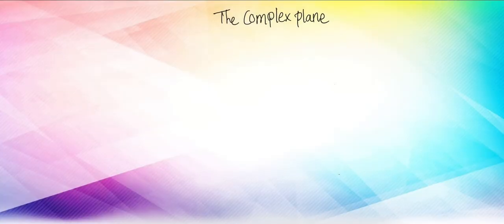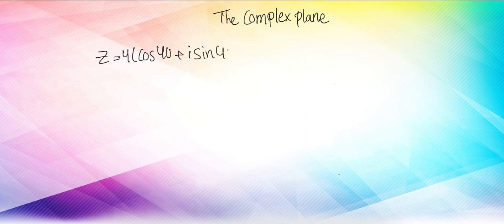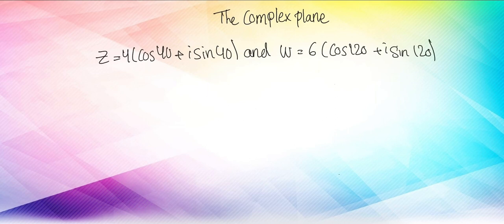We have another question with two numbers, z and w. Z equals 4 (cos 40 plus i sin 40) and w equals 6 (cos 120 plus i sin 120).